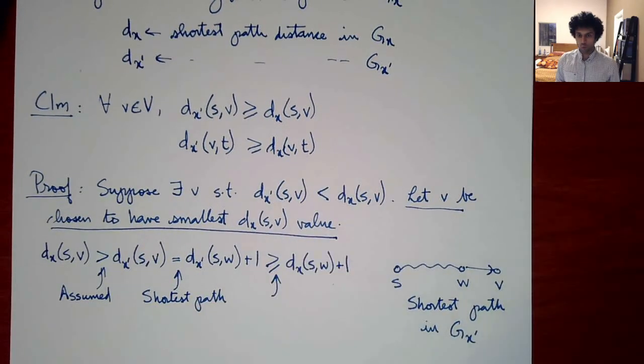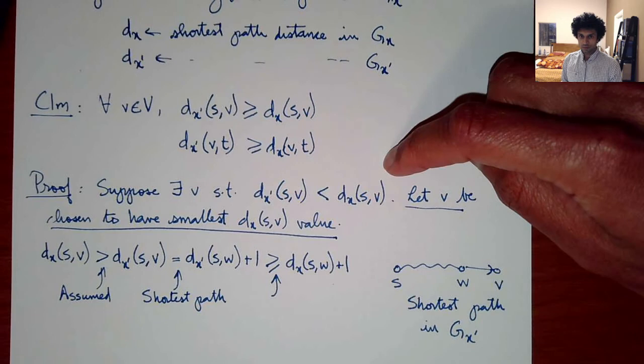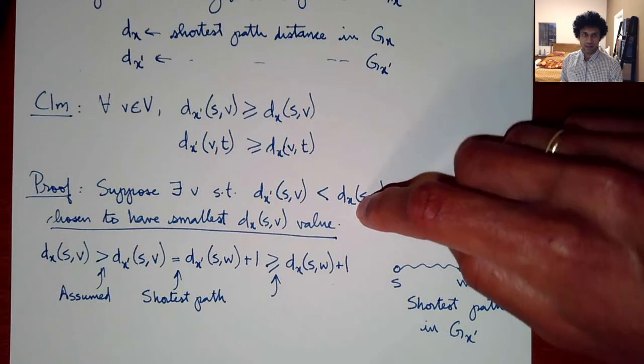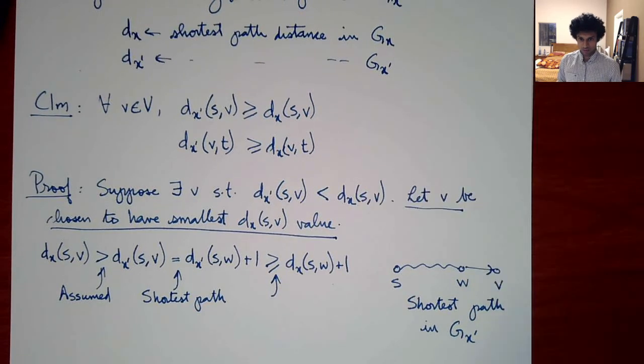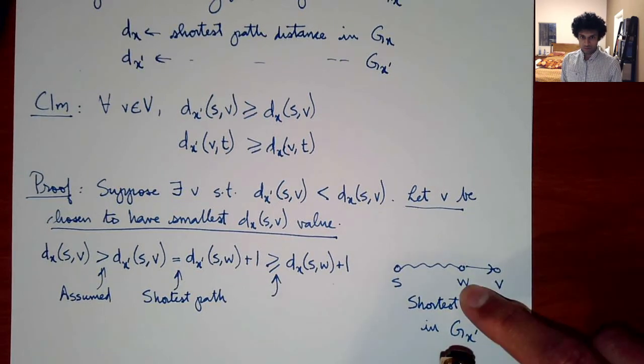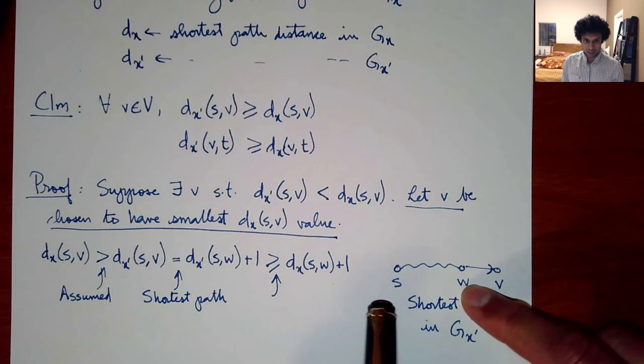V was a counterexample with the smallest d x s v value, which means w's shortest path was actually smaller.